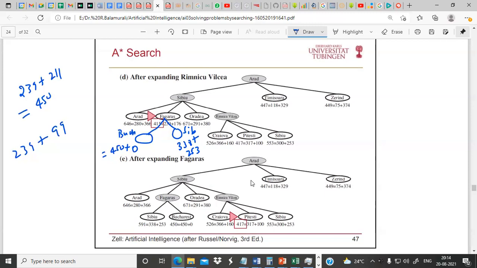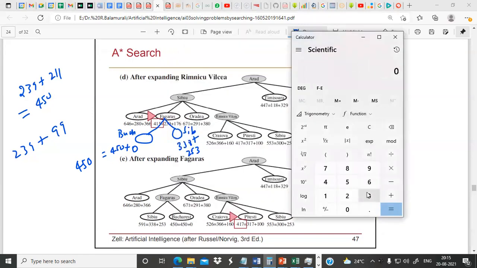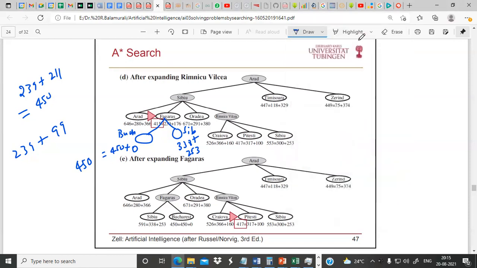Now you can add this. 450 plus 0 is 450. 338 plus 253 is 591. Okay, so it is 591.